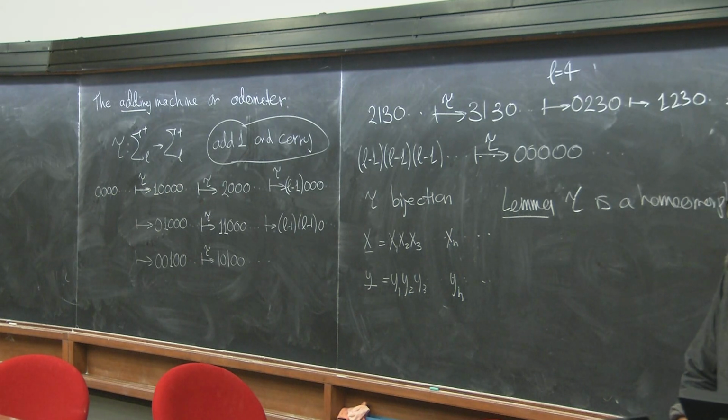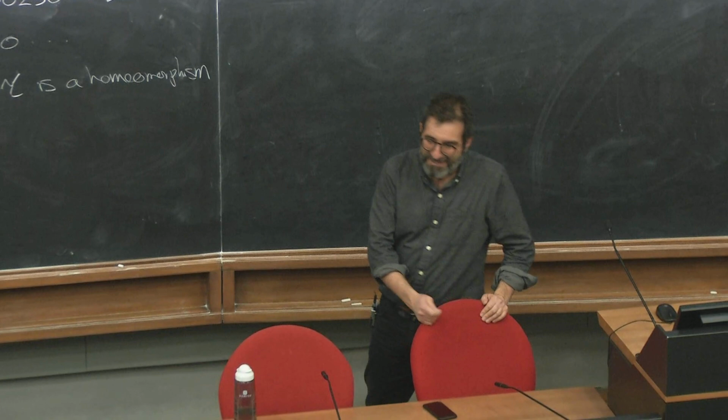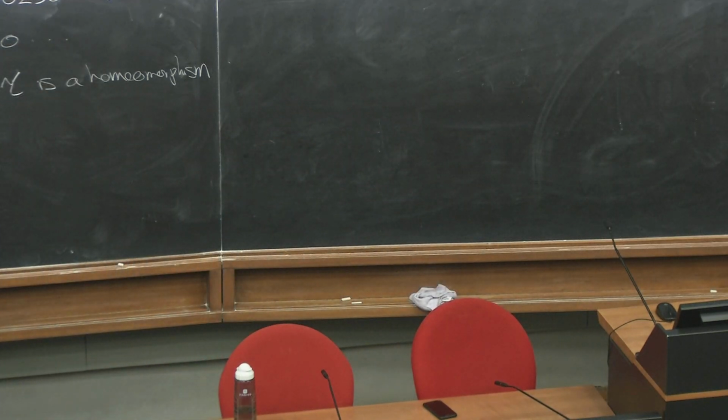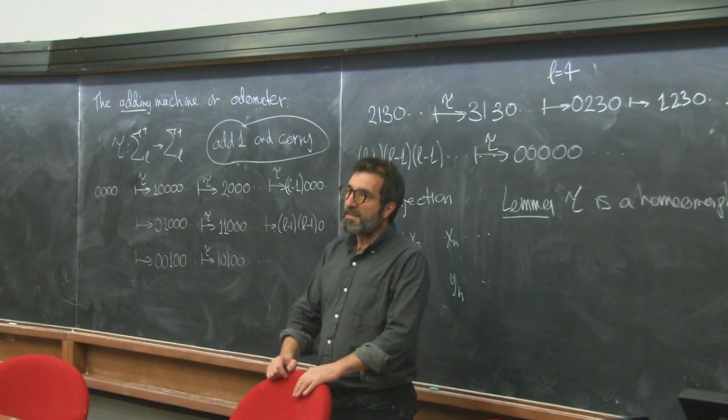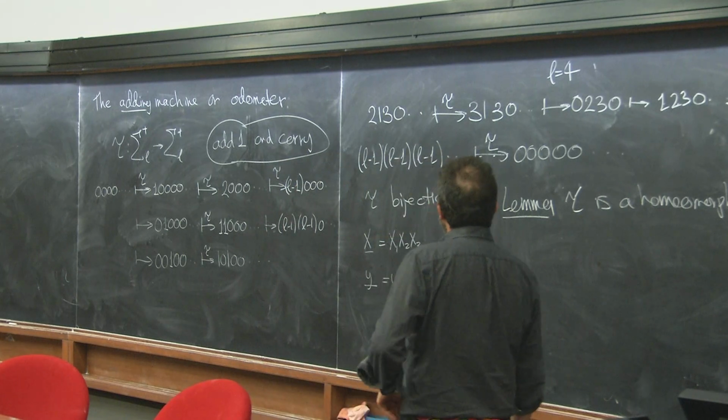That's right, exactly right. There's no way you can have a fixed point because every time you add 1, you change the first digit. It's never going to be able to stay the same as what we had before. So you cannot have any fixed points. It's fairly easy to see that you cannot have any periodic points for the same reason.